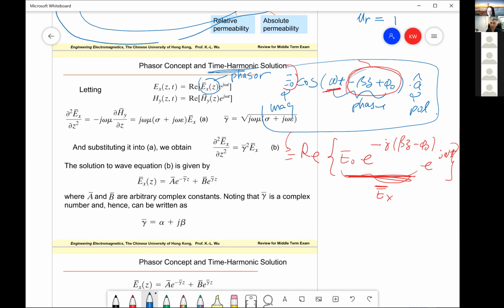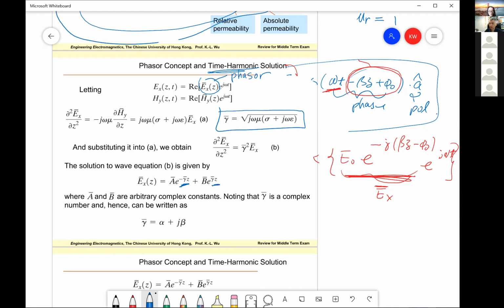So after introducing phasor in Maxwell equations, we can determine this term as a phase constant, because gamma is in front of z.